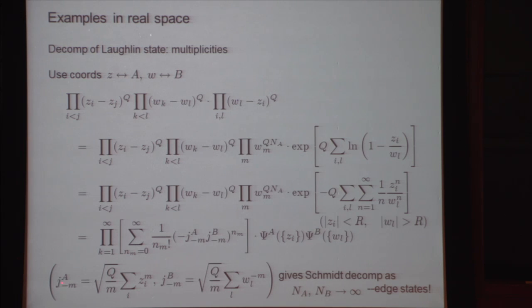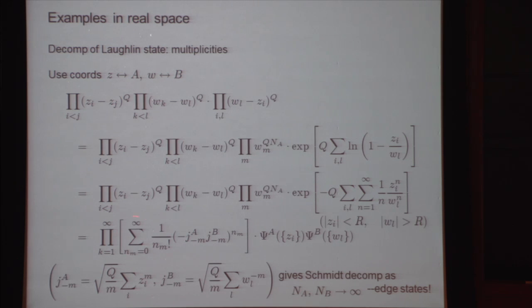And so J is the coordinate representation of the current operator, the raising modes of the current operator acting on the Laughlin state. So these are exactly what appears in Wen's description of the trial functions for edge states of the Laughlin state. Also, I think Duncan did that.